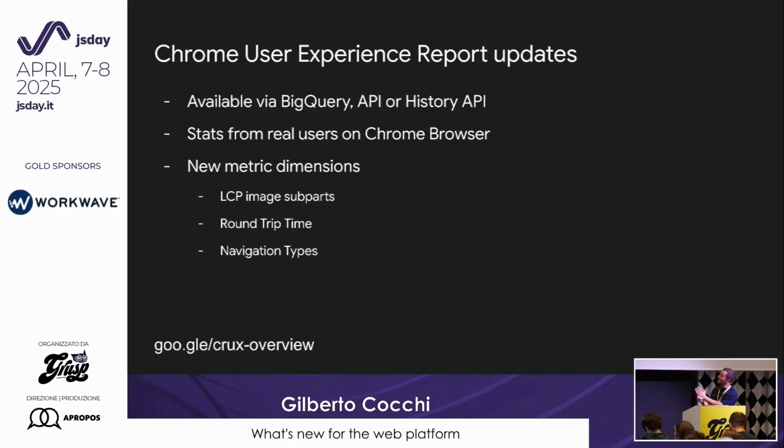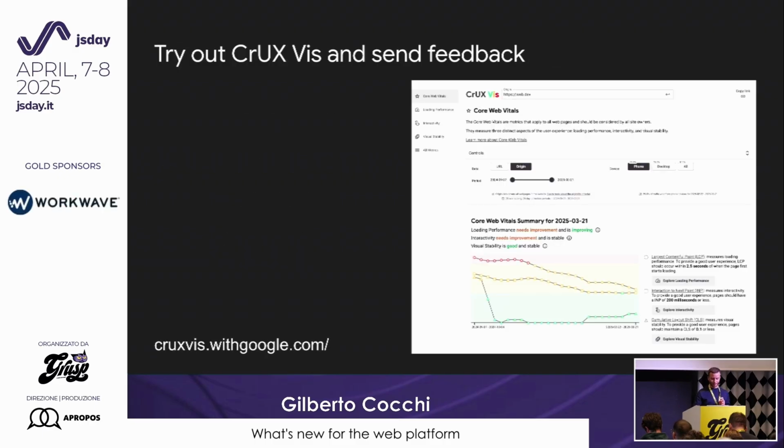With round trip times, we added information about how fast your users' connection is. And with navigation types, we provide developers a way to understand the traffic composition. Like, is your site traffic mainly page loads, or back/forward cache? We'll see more later.